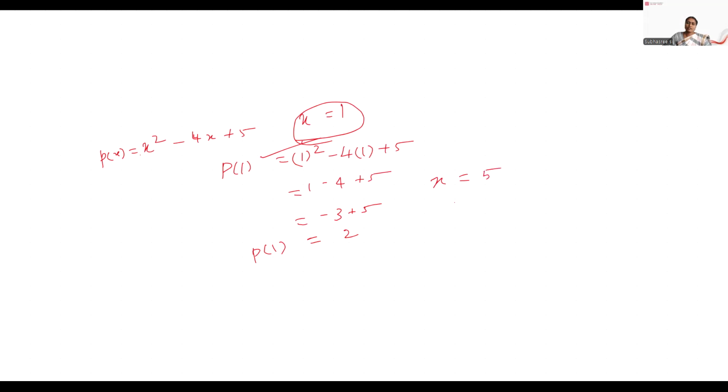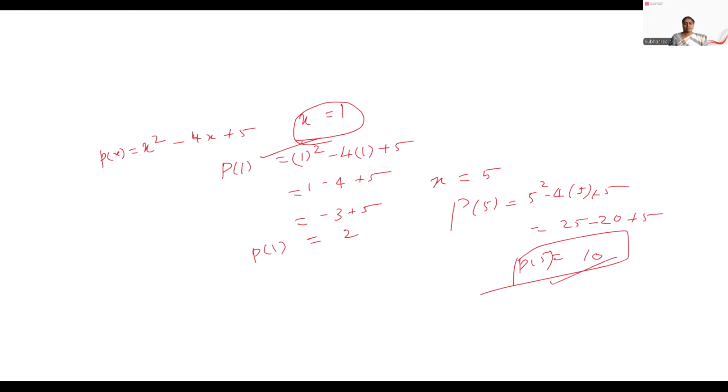P of 5 equals 5 square minus 4 into 5 plus 5. 25 minus 20 plus 5. Check out: 25 plus 5 is 30, 30 minus 20 is 10. What is the value of P of 5? It is 10. You are clear, children?